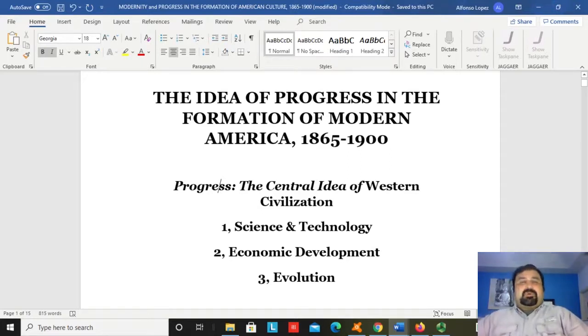So this is important because, once again, without understanding this process of change, the modernization that took place in the late 19th century in the United States, we're not going to understand the rest of the course. The 20th century, again, is the century of modernity. That was the main theme in global history.